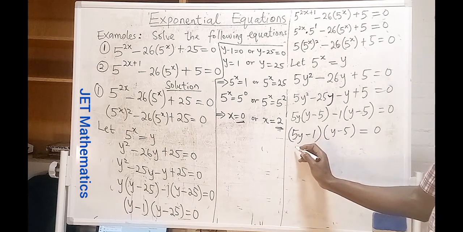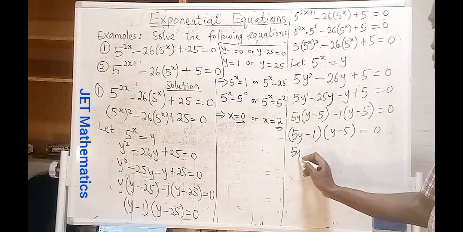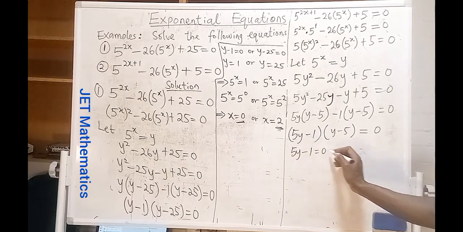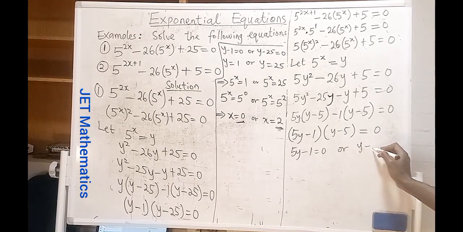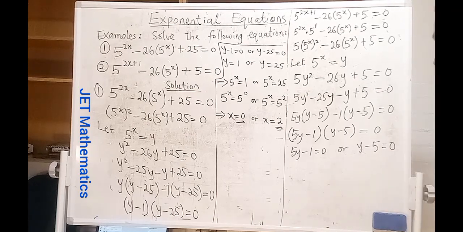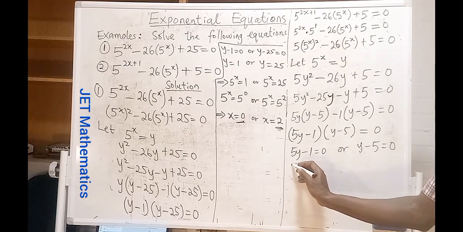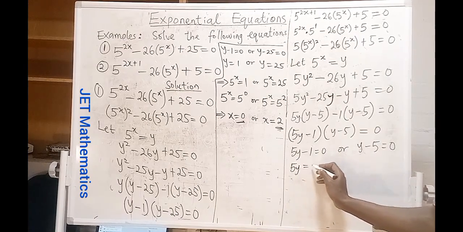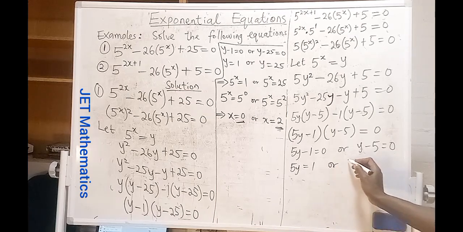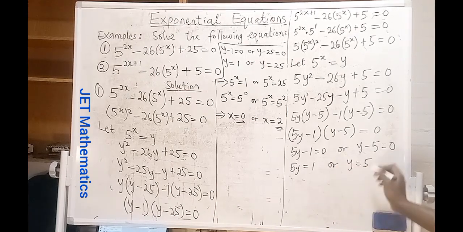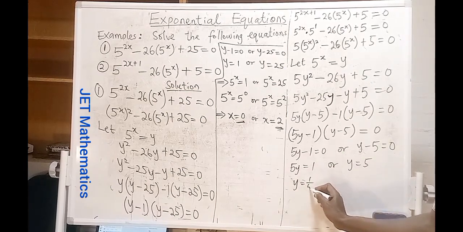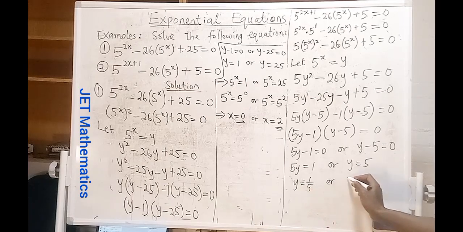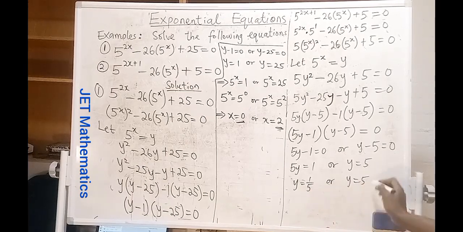So here we say that 5y minus 1 is 0, or y minus 5 is equal to 0. So at this point we say 5y is equal to 1, or y is equal to 5. So here y equals 1 over 5, or y equals 5.